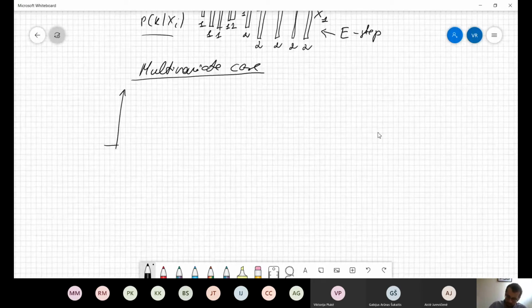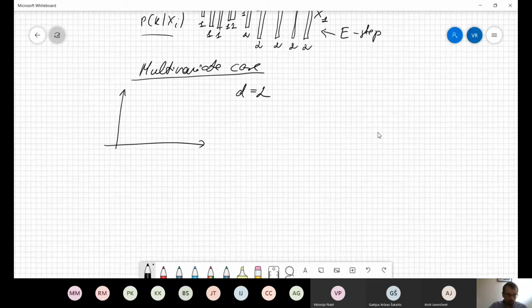So if you have, for instance, d equals 2, this is almost the only way I can express it on the board. This is x1, this is x2. For each cluster, we will have a center expressed in 2 dimensions: x̄k on the first dimension and x̄k on the second dimension.